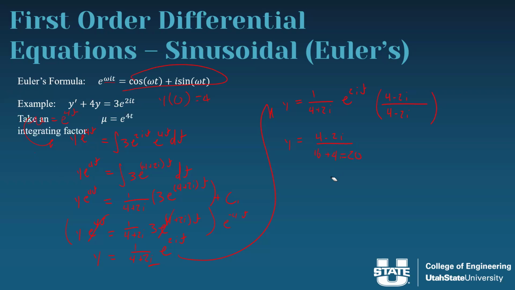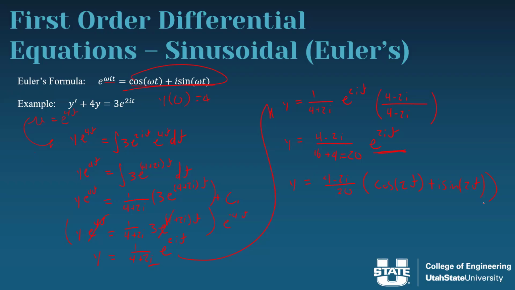So then multiply that by e to the 2it. So then you would have y is equal to 4 minus 2i all over your 20, times, now we're going to put this into our cosine and sine, cosine of 2t plus i sine of 2t.